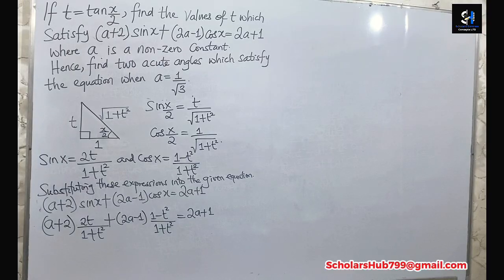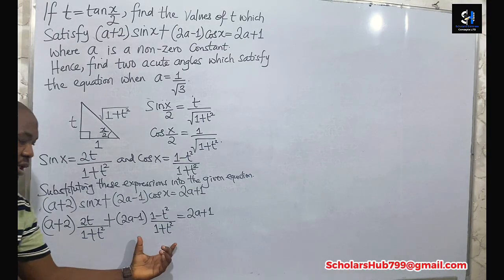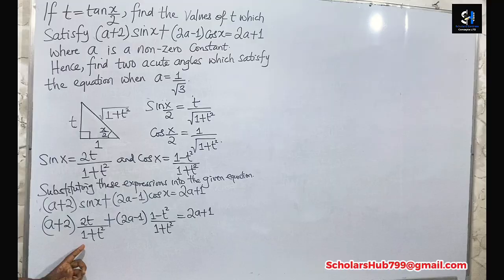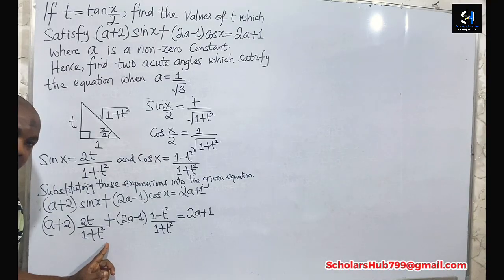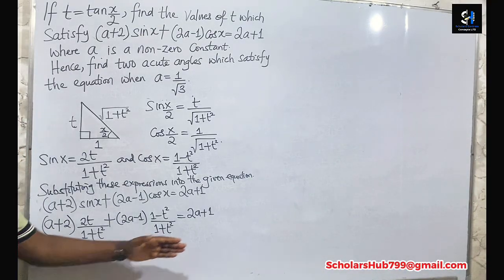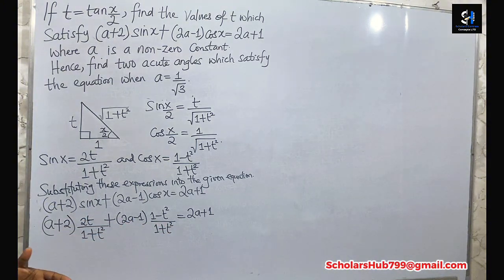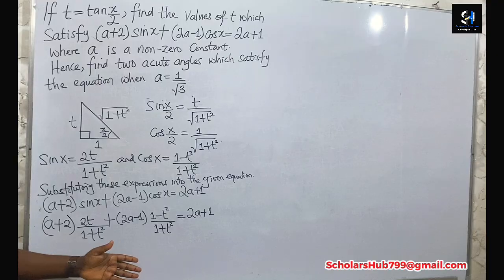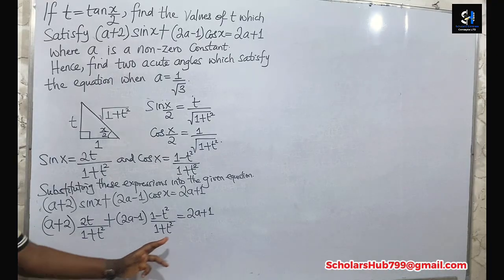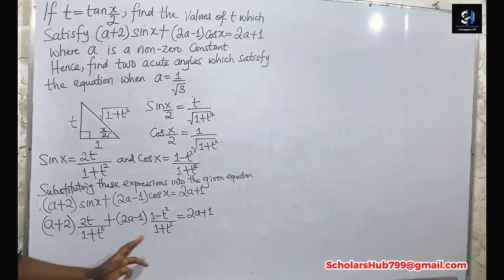What to do from here is to get rid of 1 plus t squared, in order to get a linear, straight equation. So I'm going to multiply both sides by 1 plus t squared.